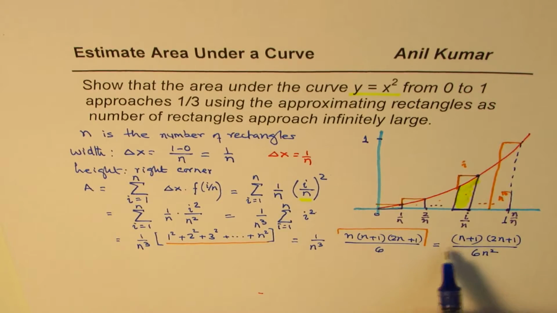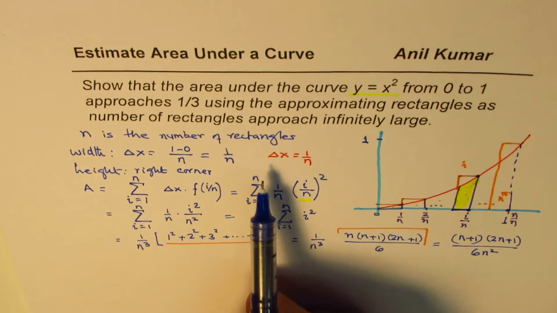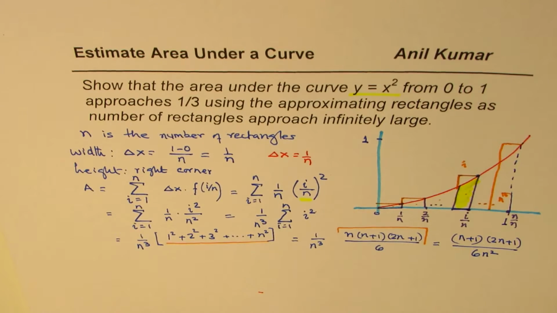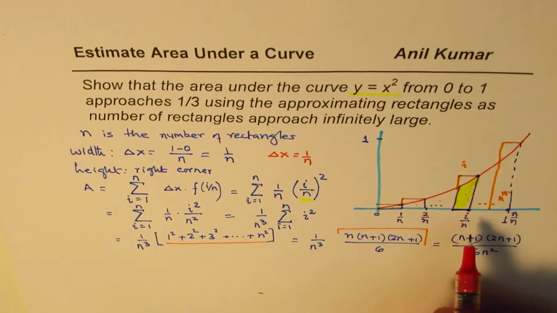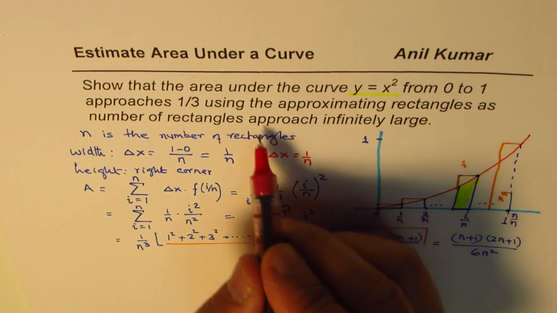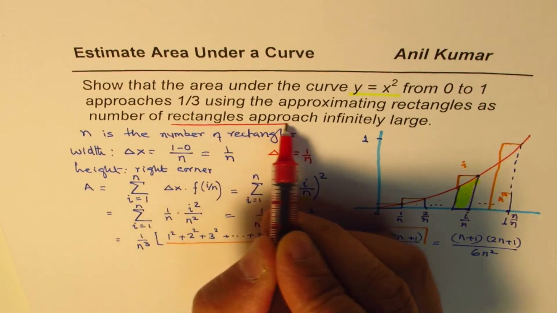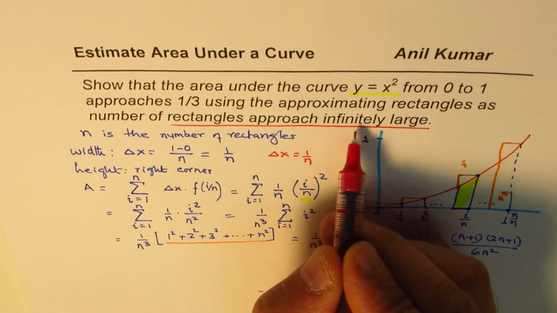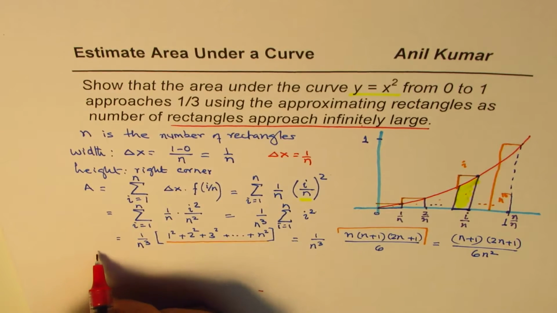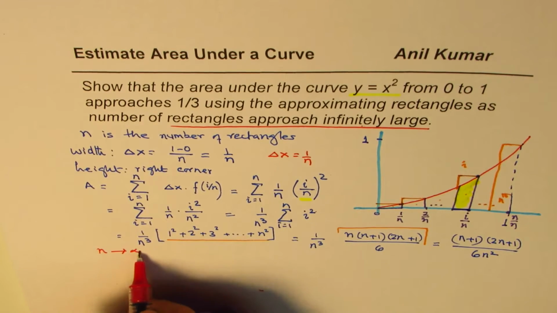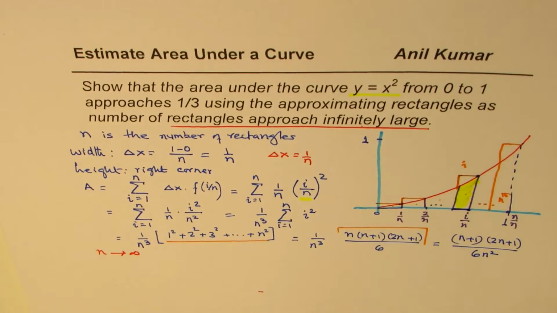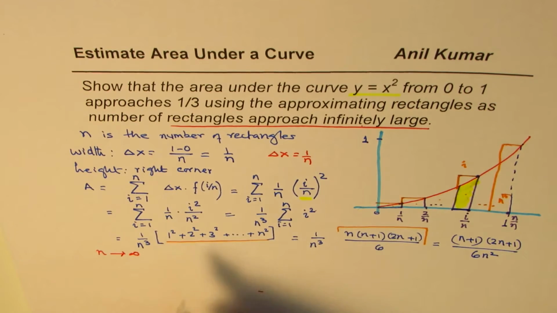Now the idea is that n has to be large so that we can find an accurate value for the area under the graph. So we say when the number of rectangles approaches infinity, if n is a large number, what happens to this area? This is what we'll analyze now.